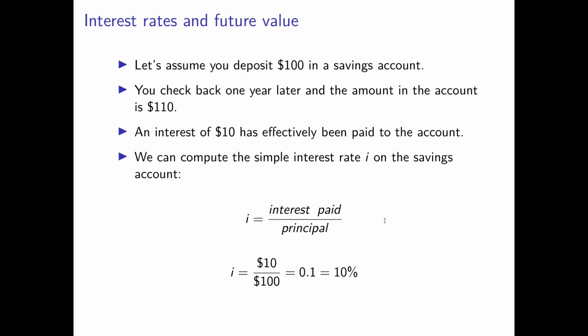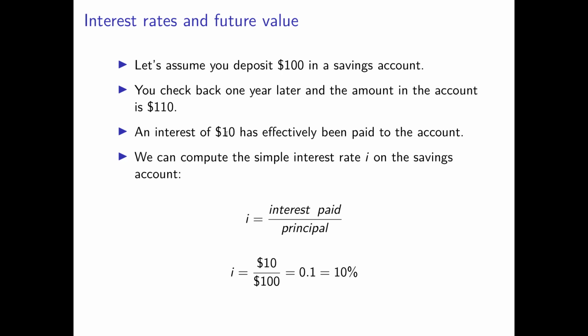Okay, in order to really understand what the present value of a future amount, or what the future value of a present amount is, let's look at this very simple example. We assume that you deposit $100 in a savings account. You check back 1 year later and, well, you see $110. Now this means that a $10 interest has effectively been paid to your account.